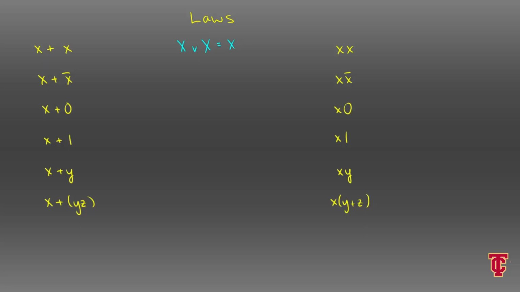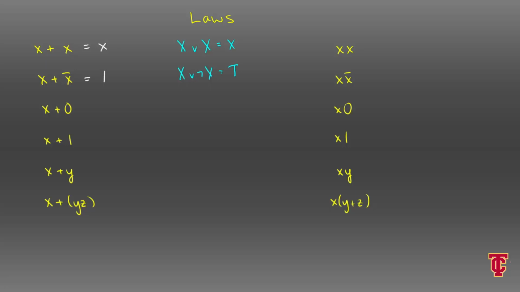So in digital logic, when we take X or X, we get X. If we take X or not X, we know that this is a tautology, so it comes out to be true in our system. In digital logic, X or not X comes out to 1, where 1 is true.